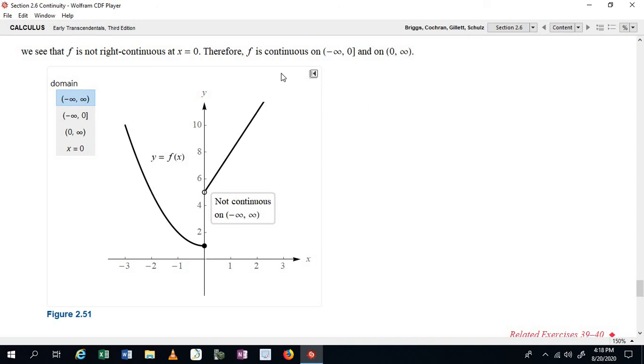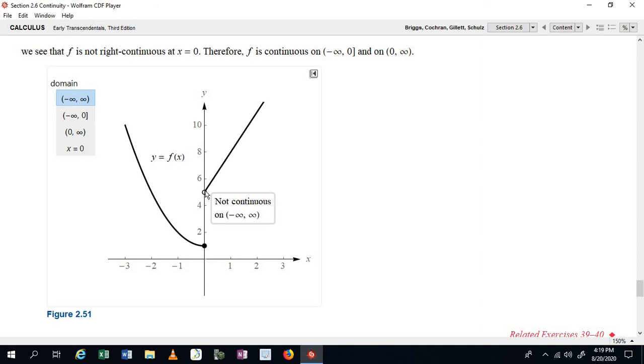Okay, now let's look at this side. I think you can see that it's continuous as you head towards infinity. But then as you get closer and closer to the y-axis, at some point you have to lift up your pencil, right? And it looks like at x equals 0, you'd have to lift up your pencil.